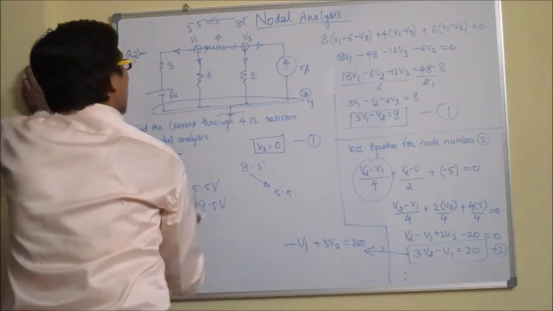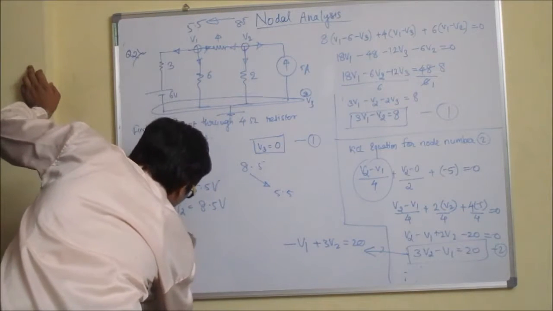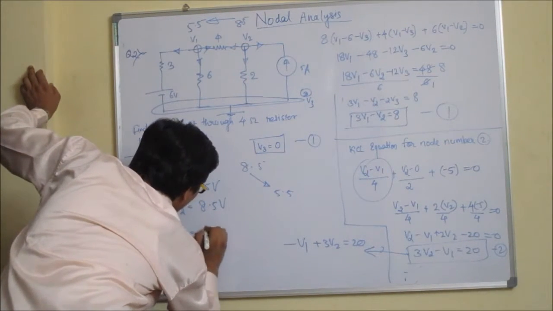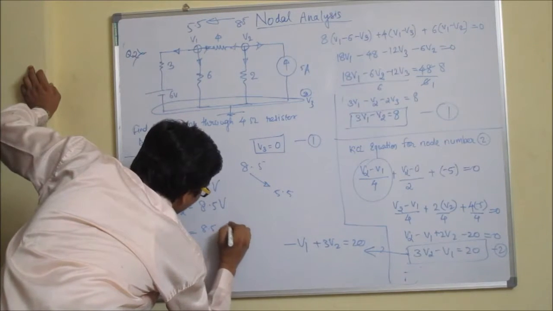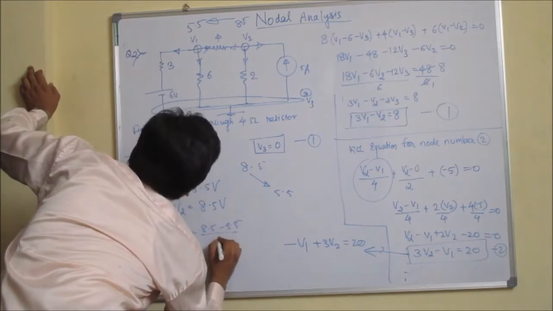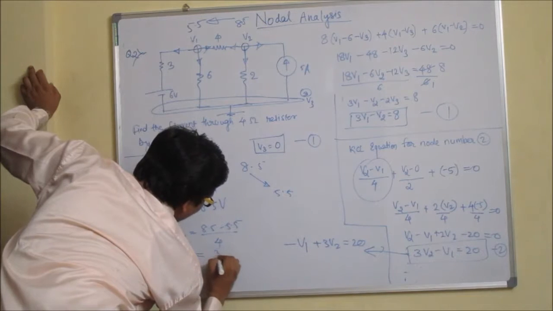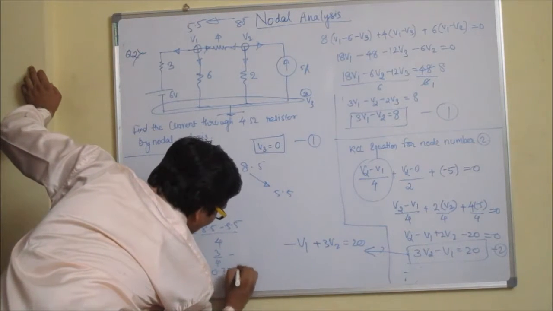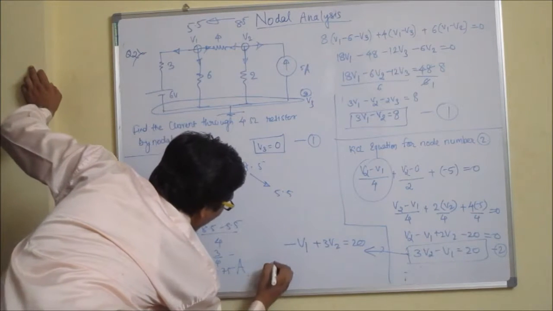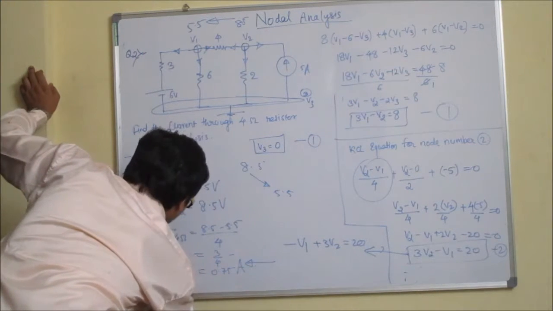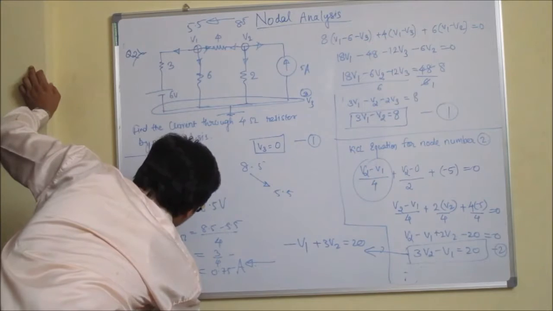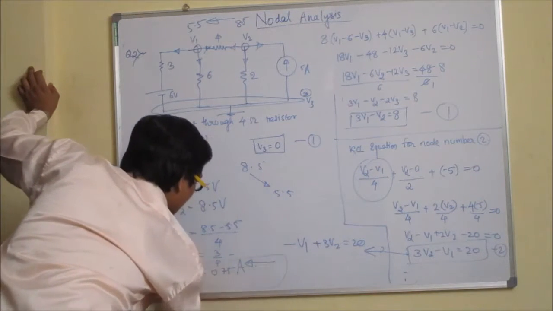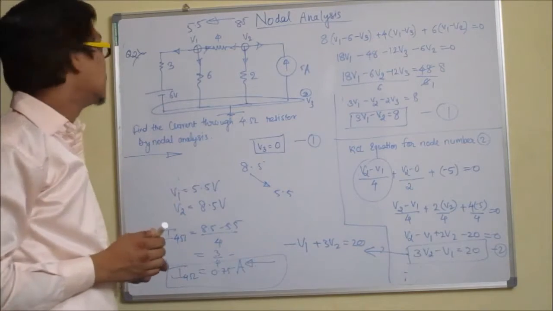So my current I4 ohm is equal to 8.5 minus 5.5 divided by 4, which is 3 by 4, which is 0.75 amperes from V2 to V1, from right to left. This is our final answer.